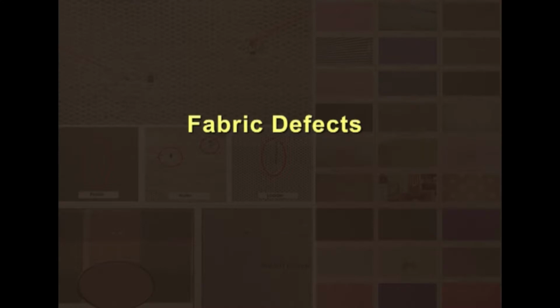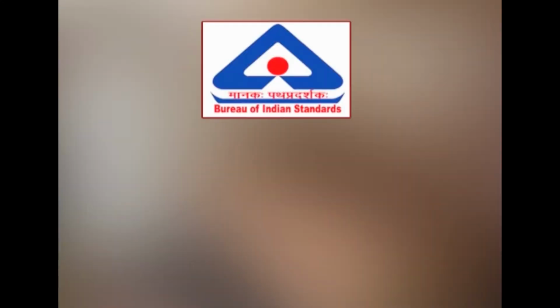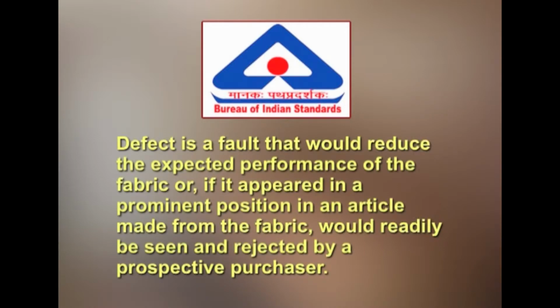Coming to fabric defects, according to BIS, the Bureau of Indian Standards, a defect is a fault that would reduce the expected performance of the fabric, or if it appeared in a prominent position in an article made from the fabric, would readily be seen and rejected by a prospective purchaser.